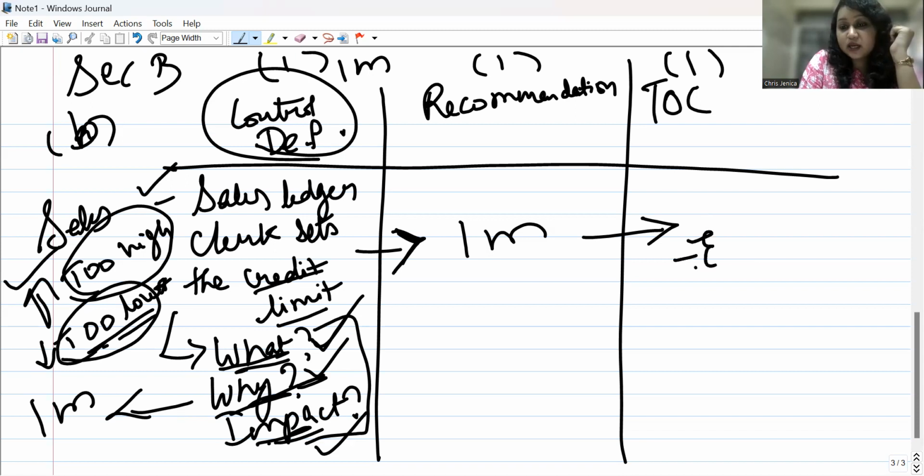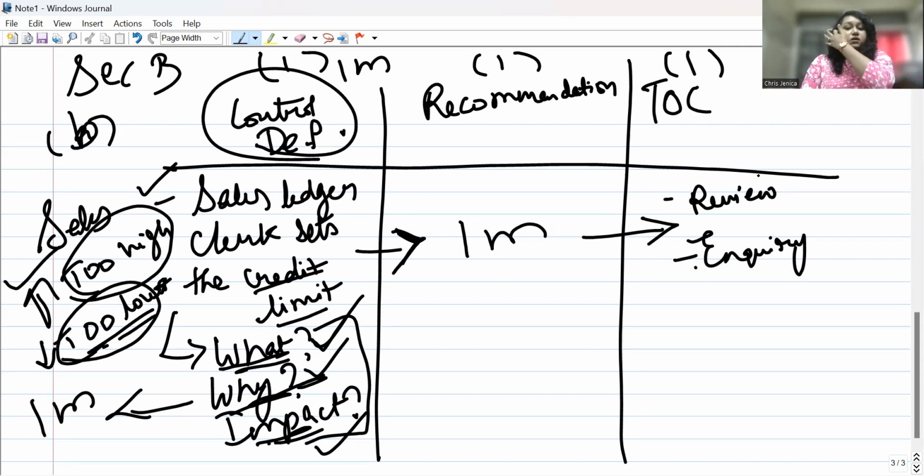You can make an inquiry, or you can also check for authorization or review by an appropriate or responsible official who has reviewed whether the credit limits are being set by an appropriate authority, right? So these are the test of controls you can carry out.